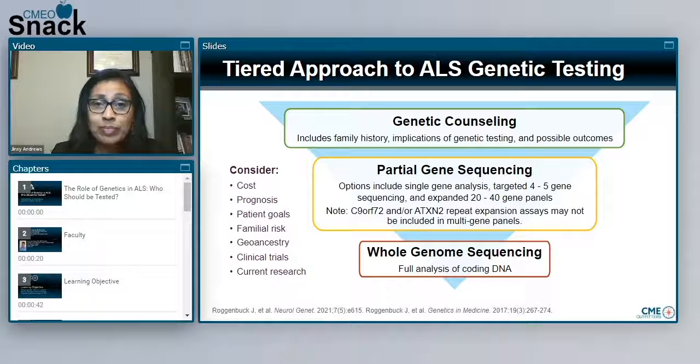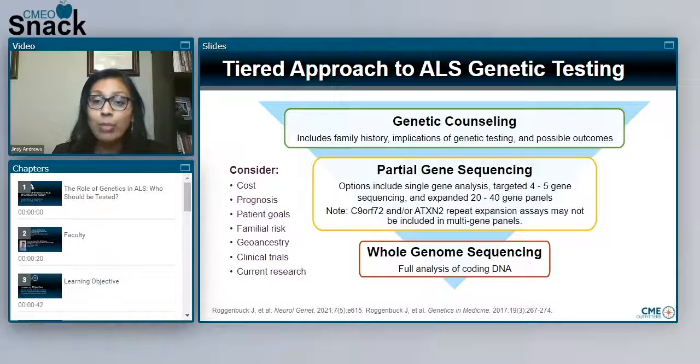And so often when people come in for their initial clinic evaluation, we will have the genetic counselor, if that's available. So from our clinic in New York, we do have a genetic counselor on our team. They'll meet to introduce the concept, obtain the family history and discuss potential genetic testing.